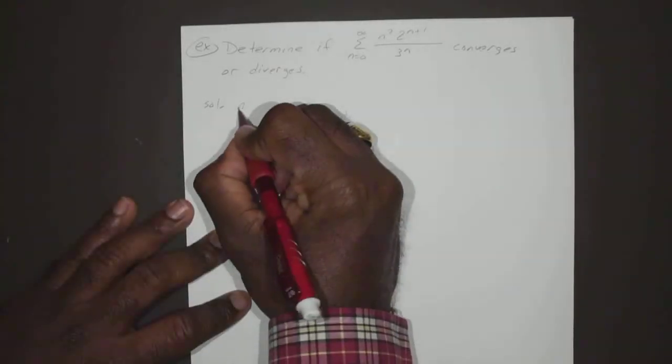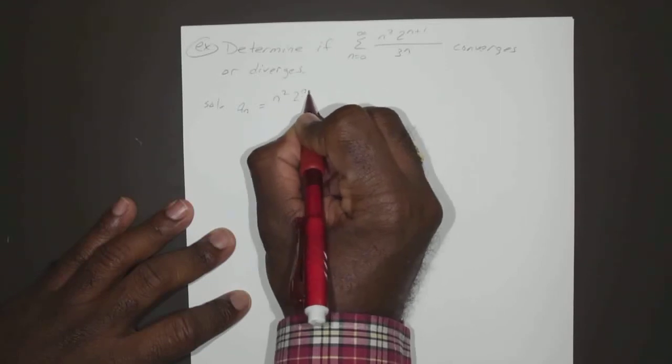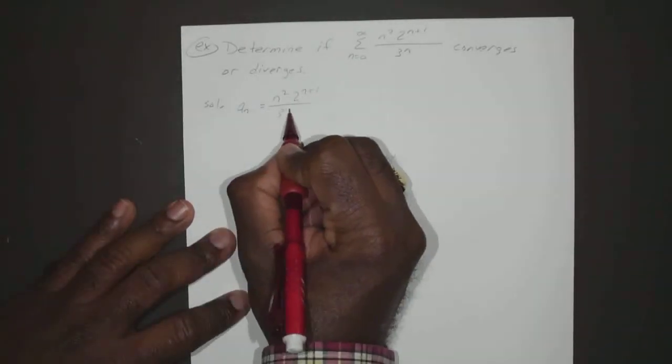Okay. So our a sub n is going to be n squared times 2 to the n plus 1 over 3 to the nth power.